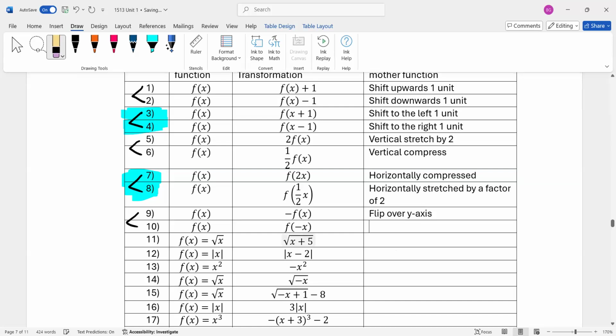If you multiply x by a negative, then you flip the function over the y-axis. Oh, my bad. This is the x-axis, and this is the y-axis. So the function multiplied by -1 is over the x-axis, and this one is over the y-axis.